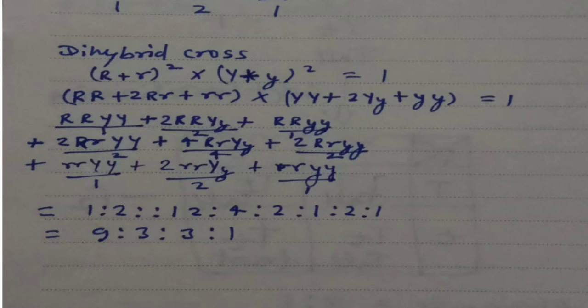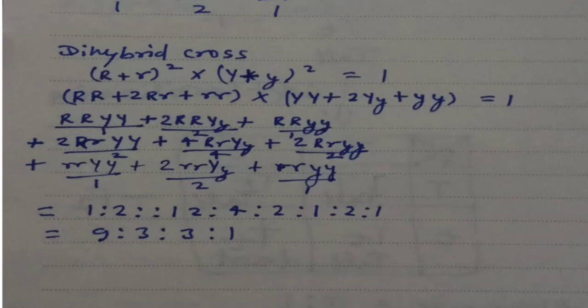When we make the cross between F1 generation, there is a technique to identify. We need to make a separate square for each particular trait, for example, shape of seed and color of seed. So (R plus r) whole square into (capital Y plus small y) whole square.